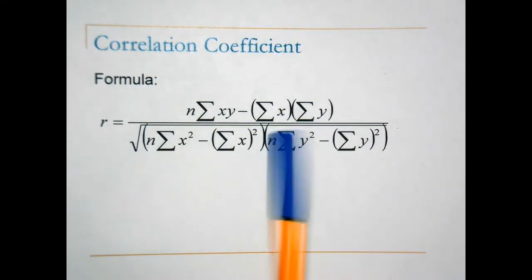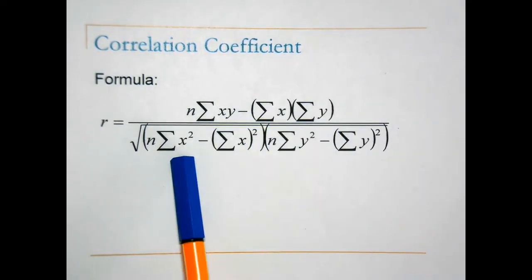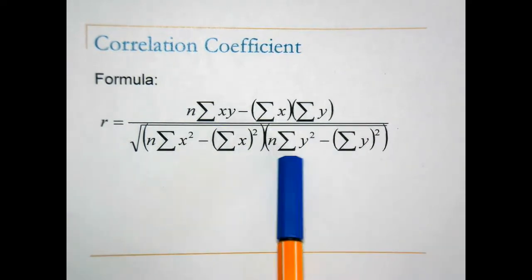So not only do we have to find the sum of xy, sum of x, and sum of y, we also have to find x squared and y squared and add them up.